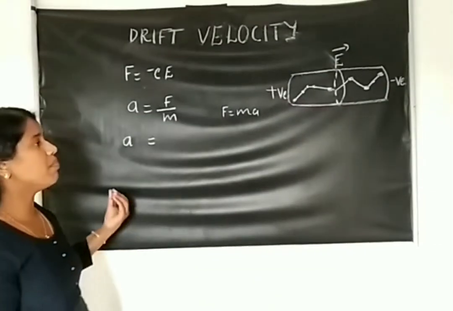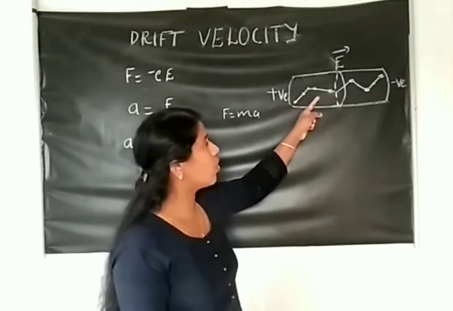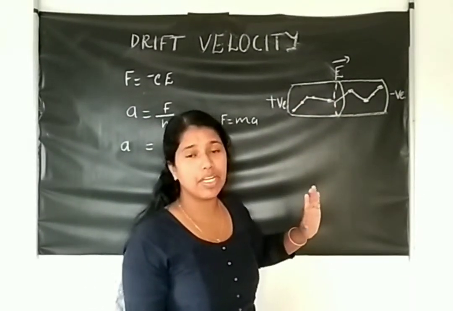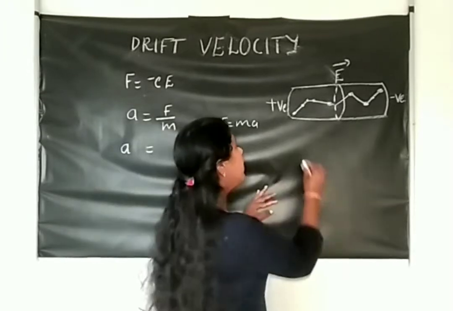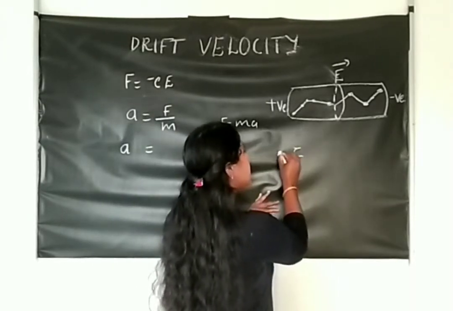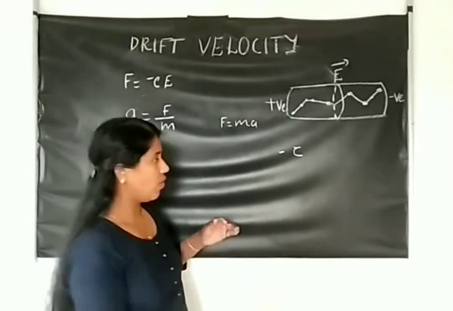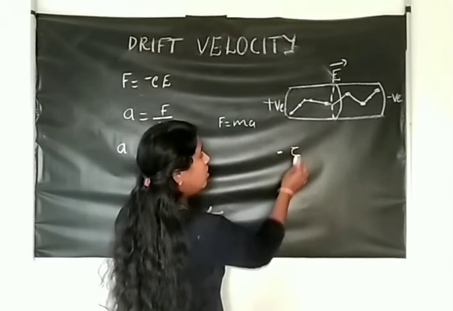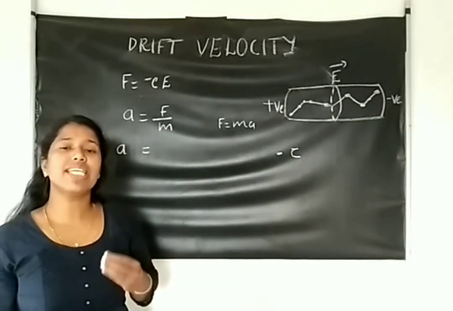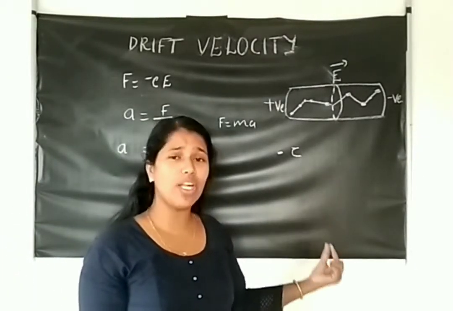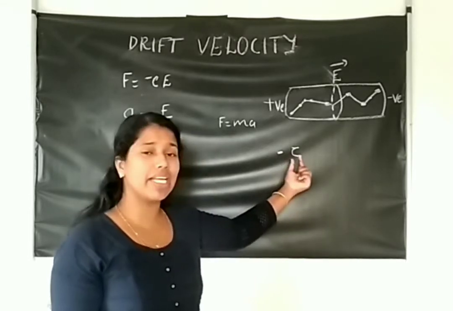Consider the collision between the accelerated electrons and the ions. It will take a small time, which we represent by the letter tau.